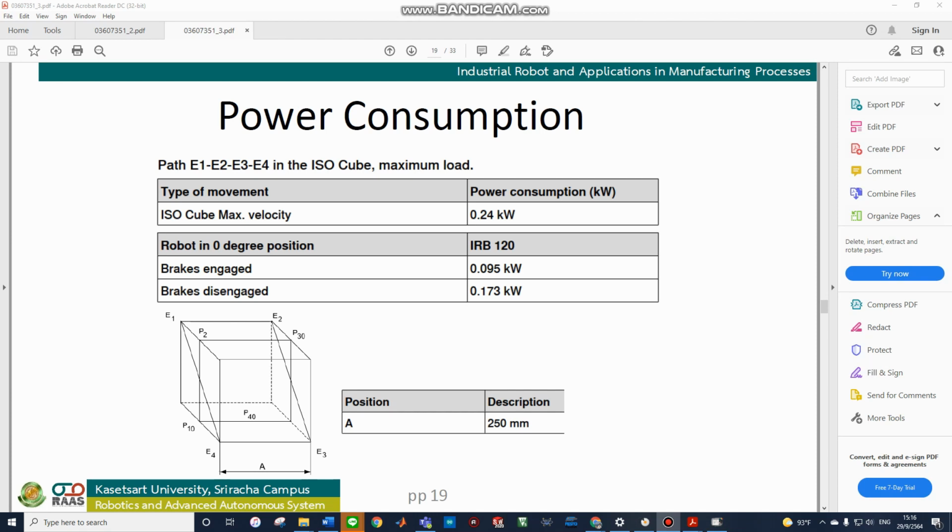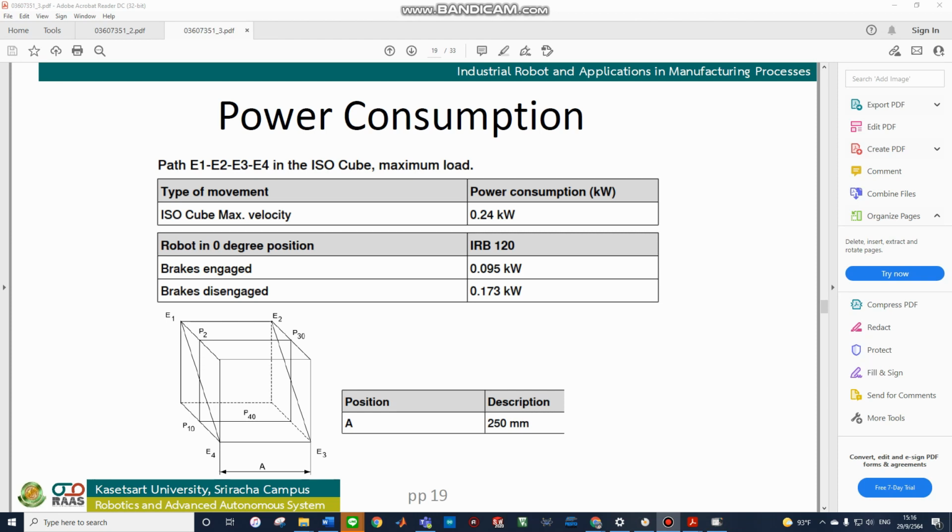This is for power consumptions. Robot in 0 degree position, brake in English, IRB 120 is 0.09 kilowatt.